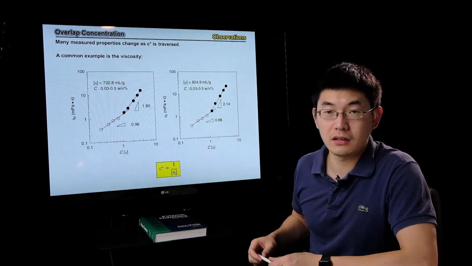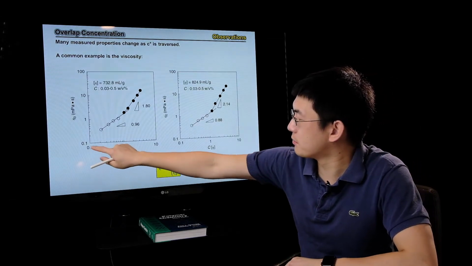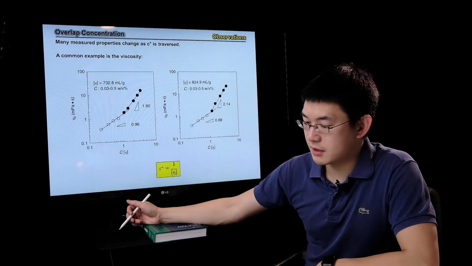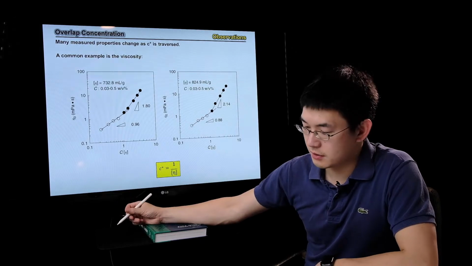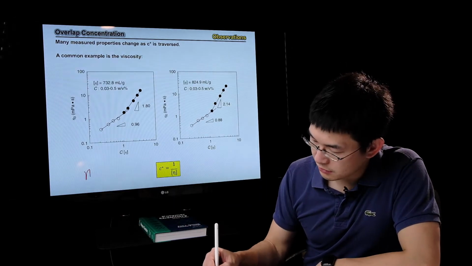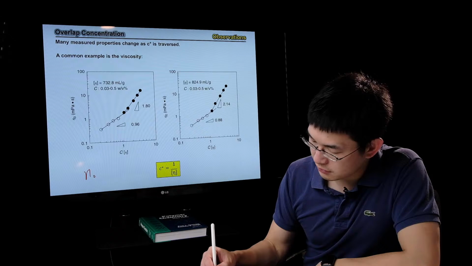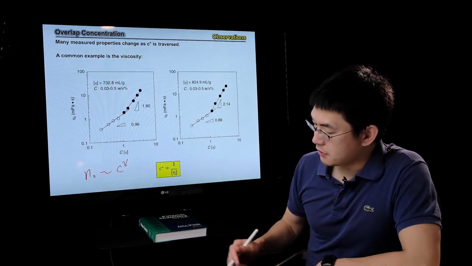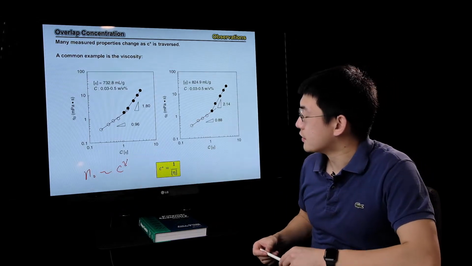You plot it on a log-log scale, and it's important to use a log-log scale because we are trying to understand a scaling relationship. In other words, we are trying to understand how η0 scales with concentration C, and what the scaling exponent is.